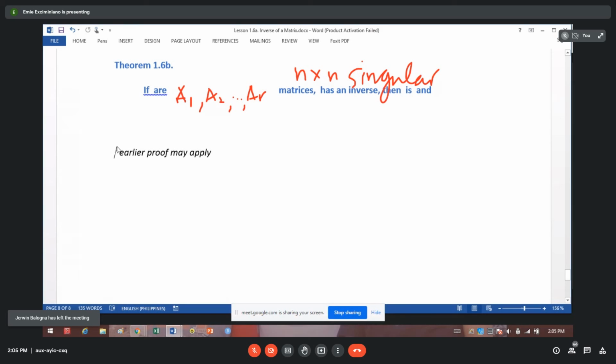Yung mga proof nito ay pwedeng gamitin yung nasa itaas.